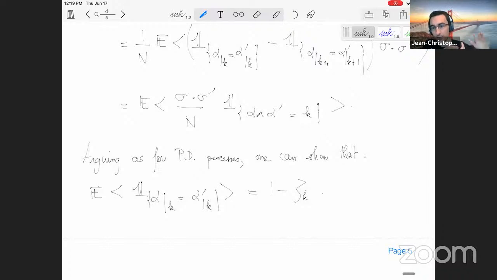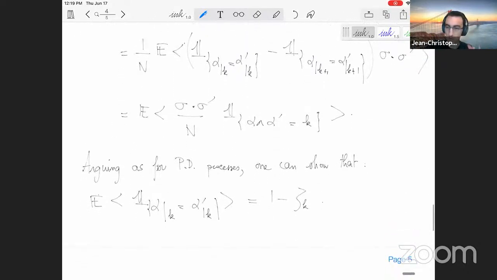There are now other things in the exponential, but the proof I showed you for Poisson-Dirichlet processes can be used identically, without any modification, to show that the display I showed is valid at least at the last level, for little k equals capital K. And I claim that if you're a bit careful, you can also verify that it's true at the other levels.